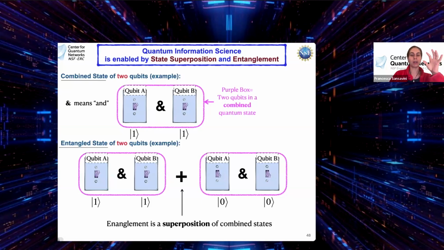For example, these 2 combined states in superposition could be both of the switches on, 1, 1, in a superposition with both of the switches off, 0, 0. So entanglement, we can define as a superposition of combined states.